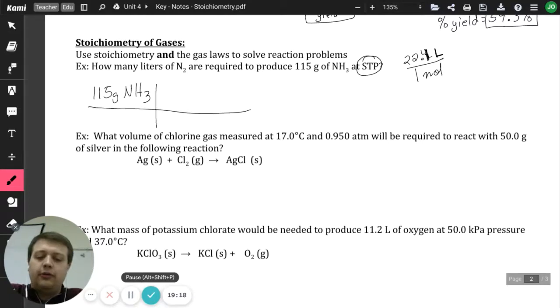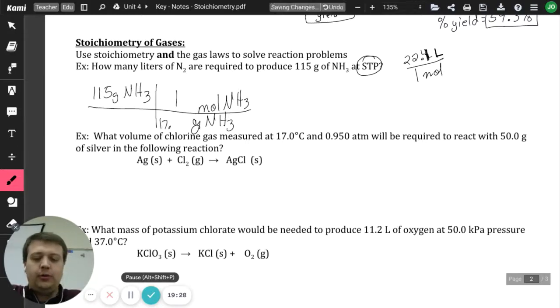I'm going to convert from grams of NH3 into moles of NH3. I have 1 mole for every 17.034 grams of NH3. And then I'm going to convert from moles of that into moles of N2.